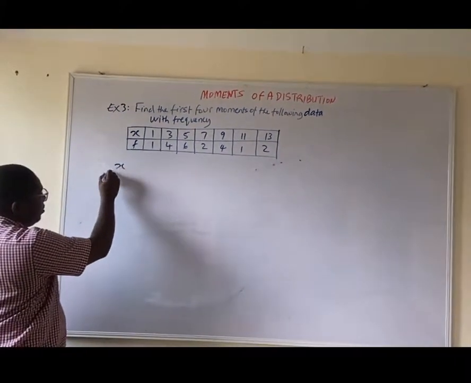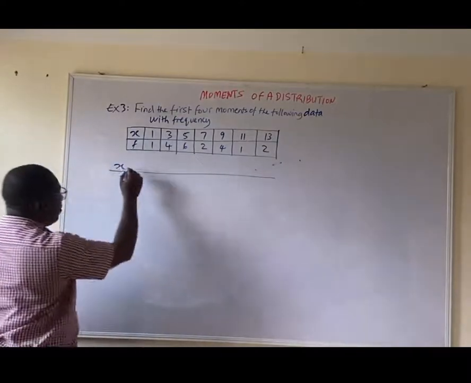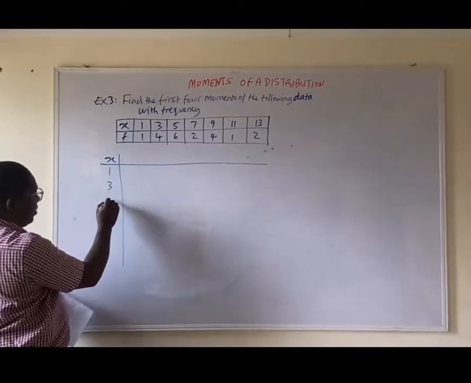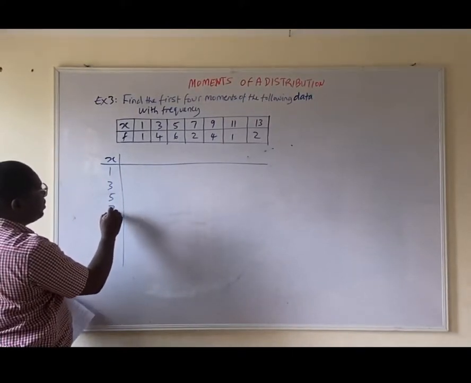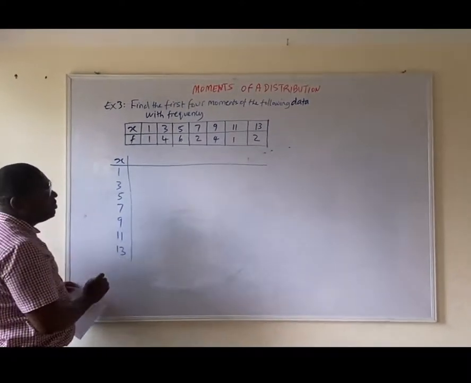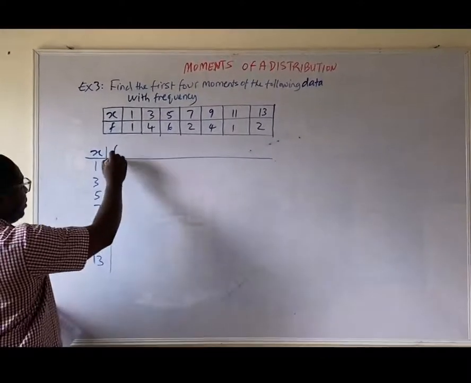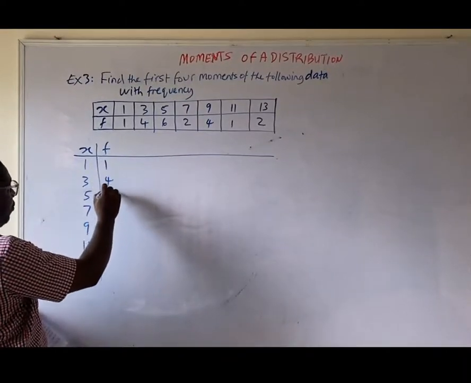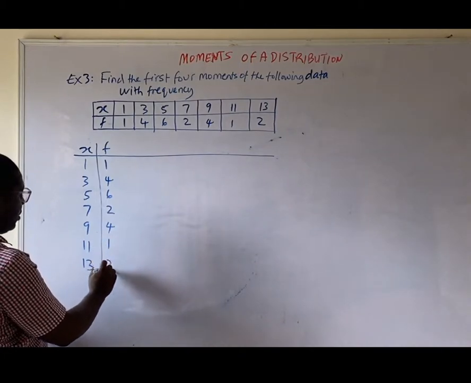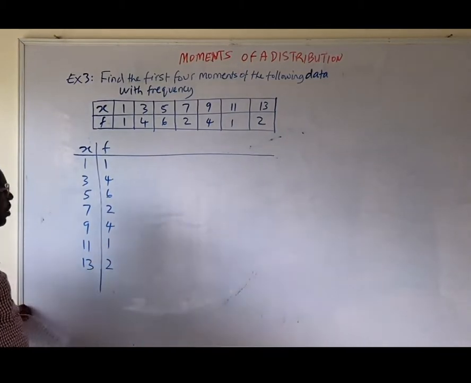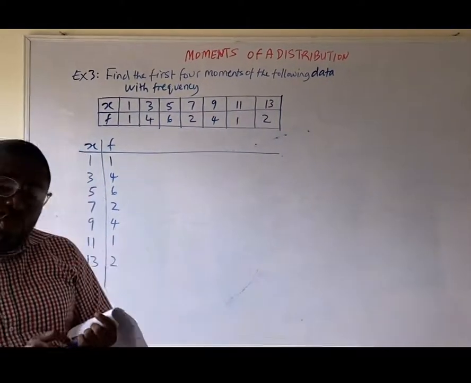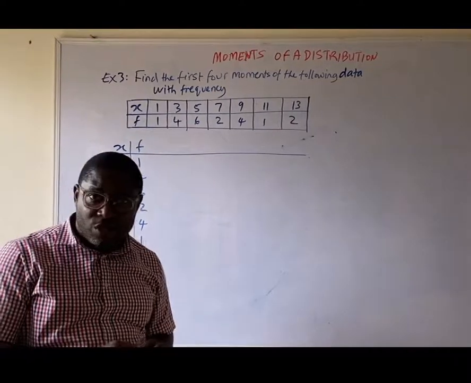We have the x value here, and our x values are given as 1, 3, 5, 7, 9, 11, and then 13. Our frequency is given as 1, 4, 6, 2, 4, 1, and 2. Remember, to find the moments of a distribution, we must find the mean of the distribution.